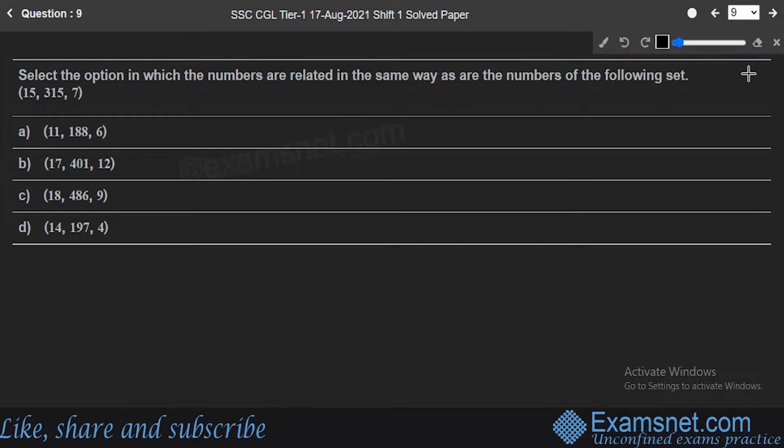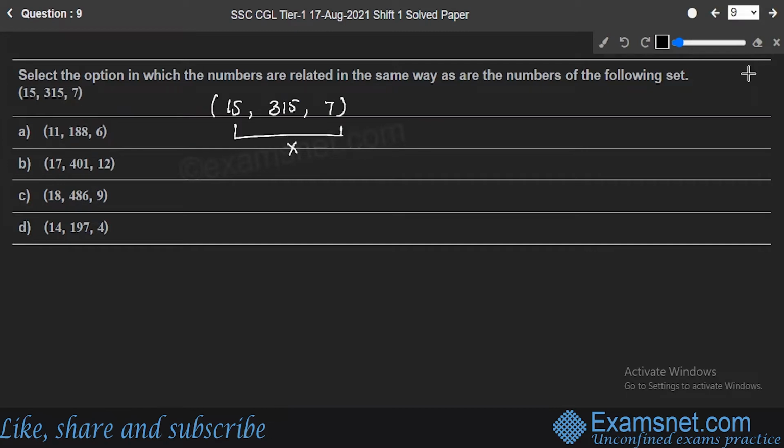But the power of 15 will yield a very large number which doesn't have any connection with 315. If I'm talking about 15 and 7 collectively, the powers of these two numbers will give you numbers quite bigger than 315. So I'll go with the multiplication. Let's see. The numbers were 15, 315, and 7.